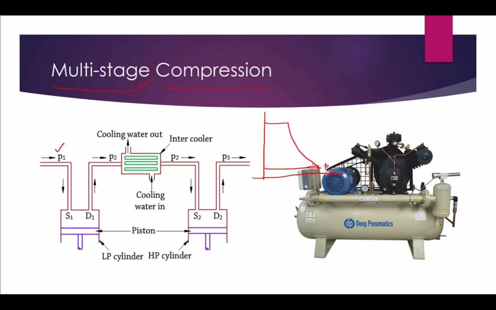So what happens during compression, the temperature of the gas or air will increase. So if instead of doing the compression in single stage or single cylinder, here we are doing multi-stage. That means 2 cylinders will be used to compress the air, and in between there is an intercooler. It is called intercooler. Here this is the intercooler.